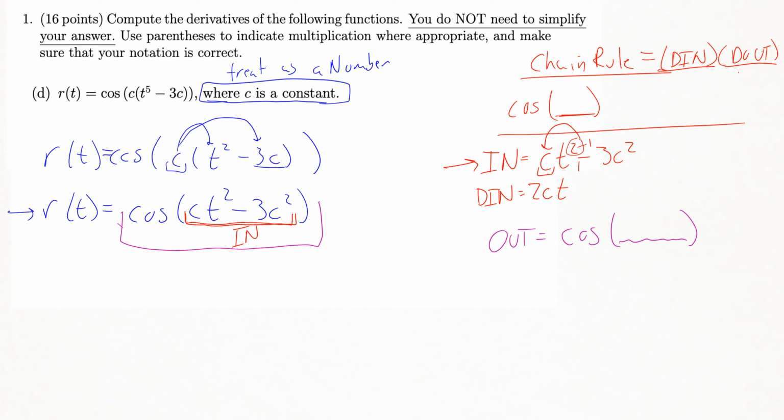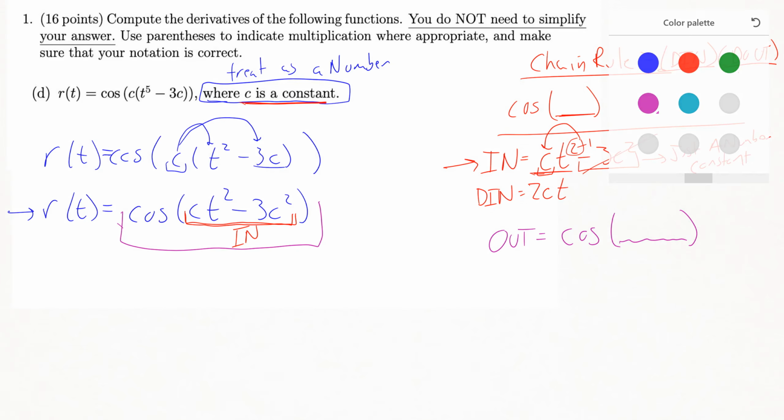And then this back end here is just a big constant. Even though it's got that c in there, because c is being treated like any other number, the derivative of a constant is always 0. So that piece cancels out entirely. Our d in was really just this one power rule at the very front.